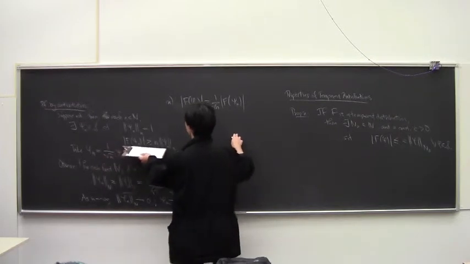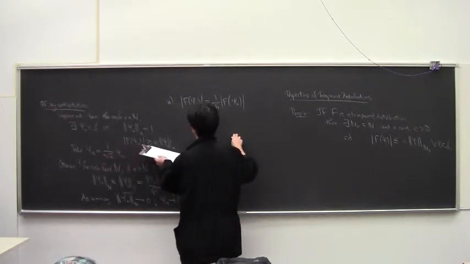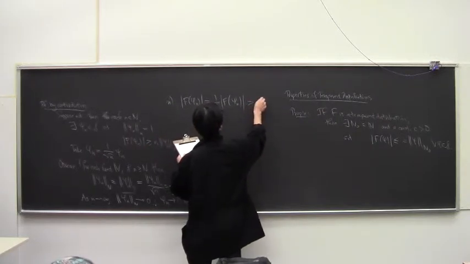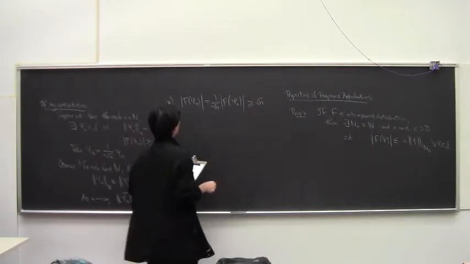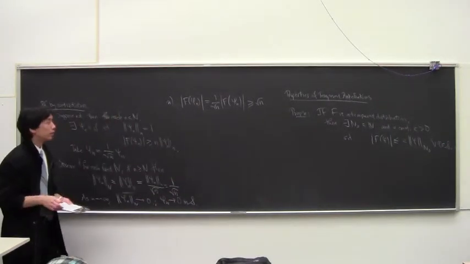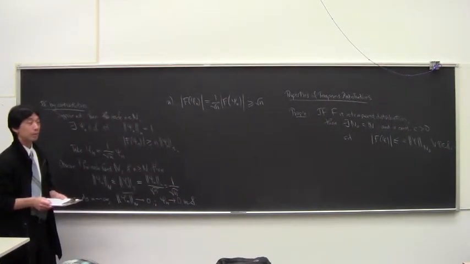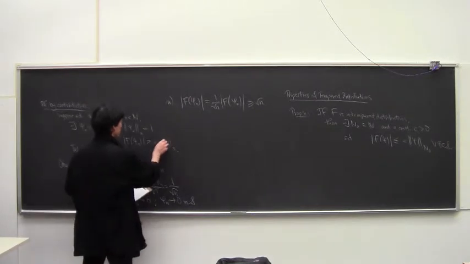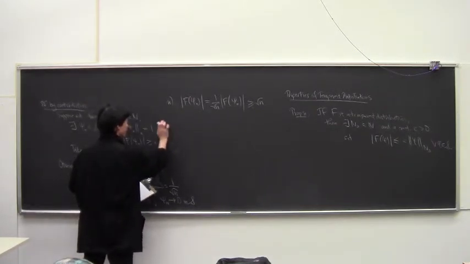But f of psi sub n is bigger than n, so that's bigger than the square root of n.